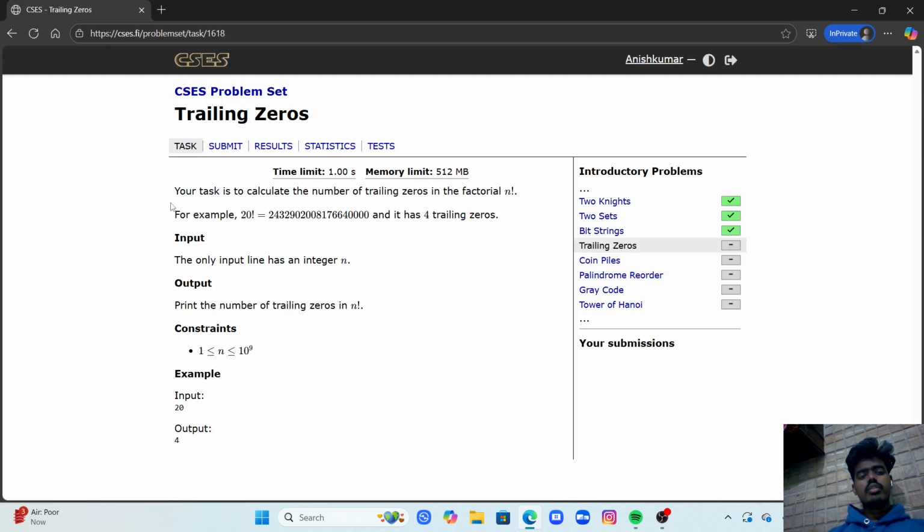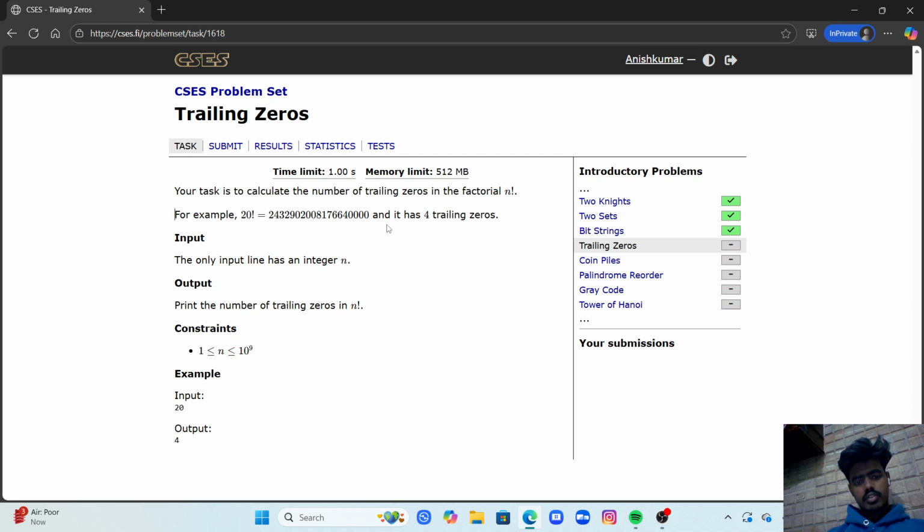So the question is: your task is to calculate the number of trailing zeros of factorial n. For example, 20 factorial.